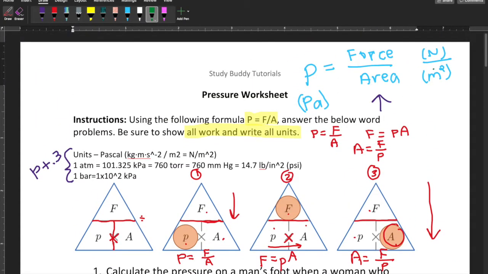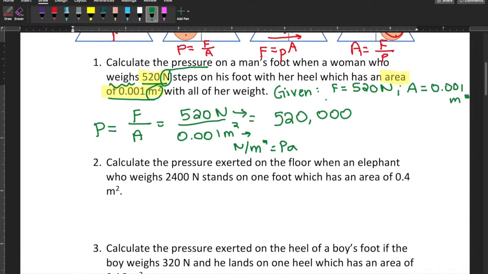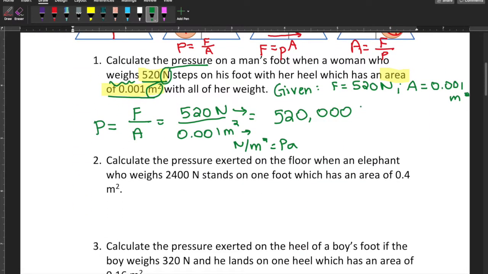When we have newtons and meters, we have pascals as our unit. So it's 520,000 pascals, and I'll just box the answer here. It's also important to box or circle your answer so it's easy for your teacher, or sometimes even your teacher requires you to do that. It's just a good practice.